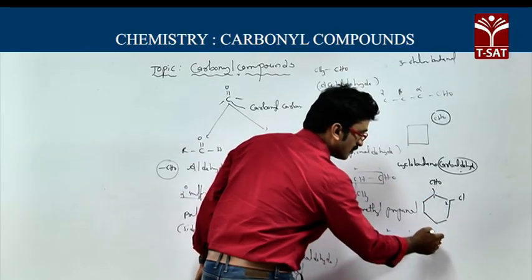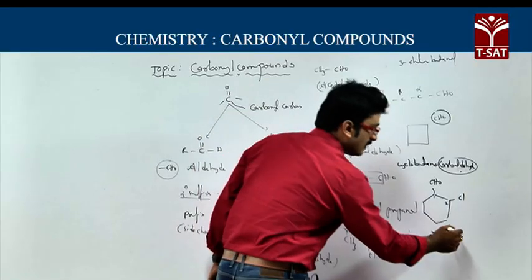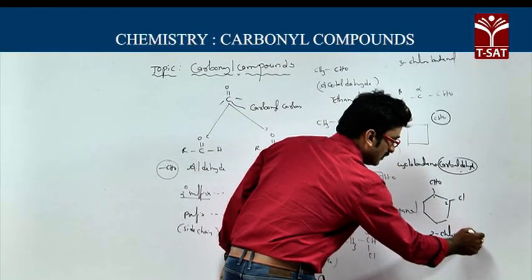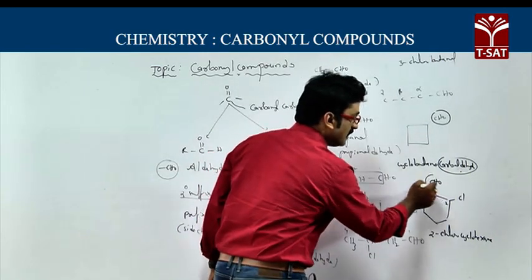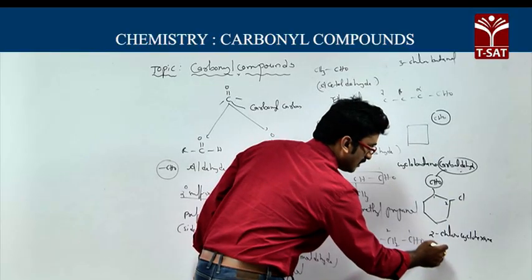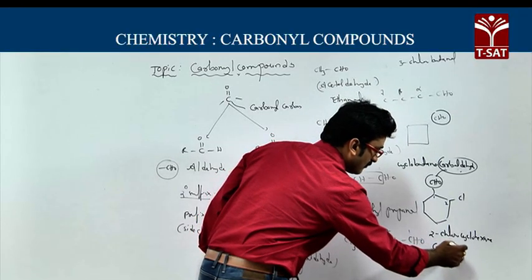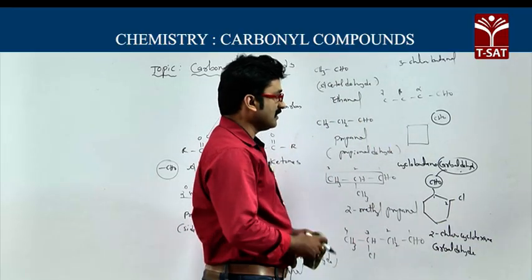So 2-chloro, 2-chloro, and here it is cyclohexane, and I said just now CHO is called carbaldehyde. So 2-chlorocyclohexane carbaldehyde is the IUPAC name of this compound.